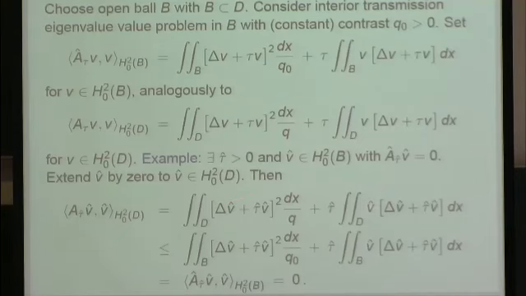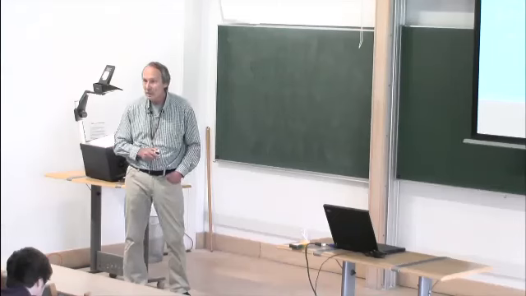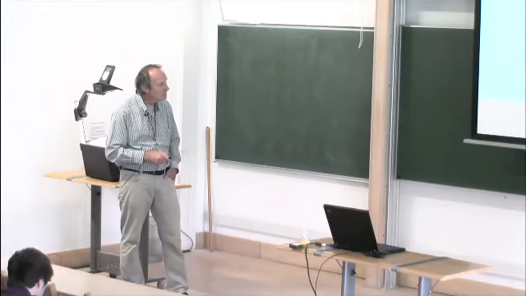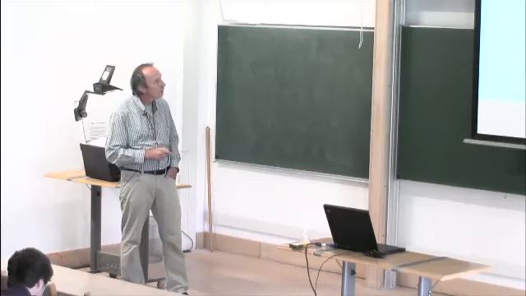This is on D, but you can shrink it to B, because v hat is 0 outside of B. Also here you can shrink it to B, because v hat is 0 outside of D. Okay, but this is exactly this form here.